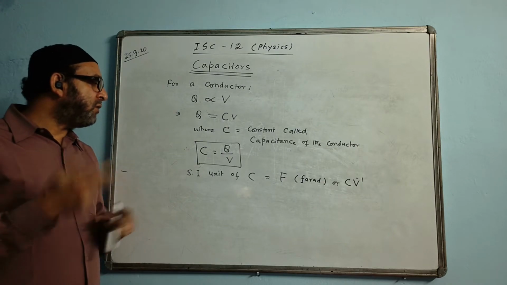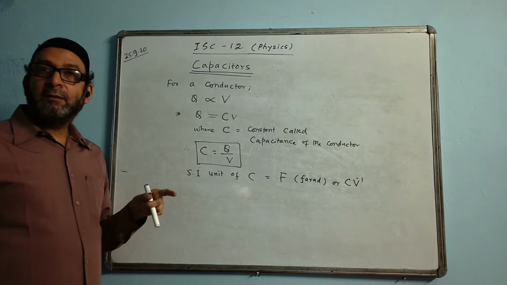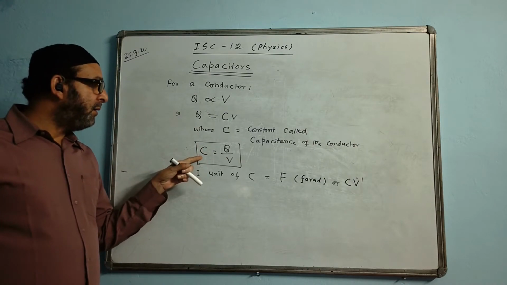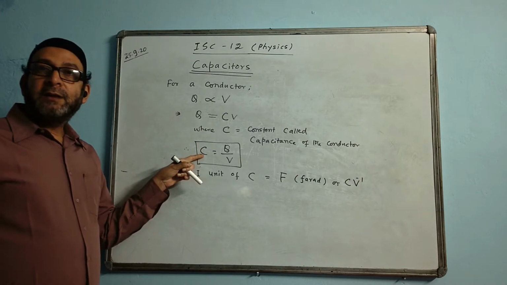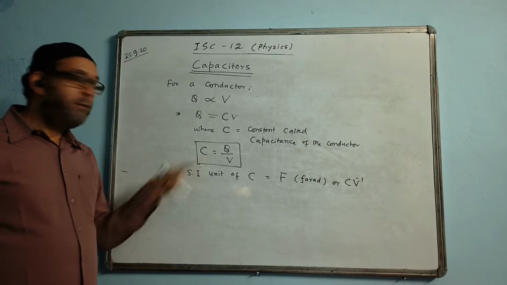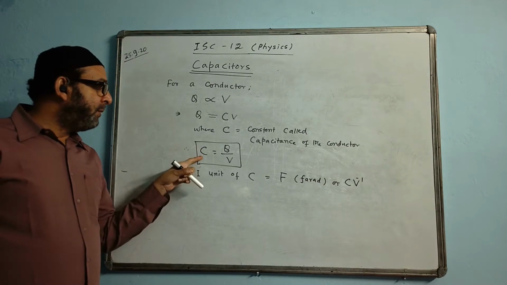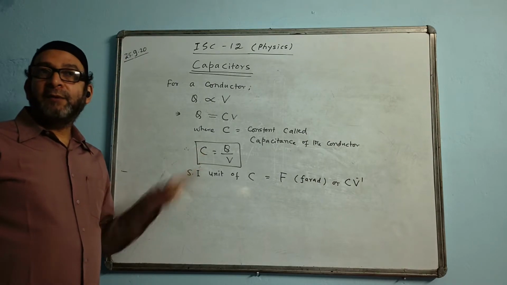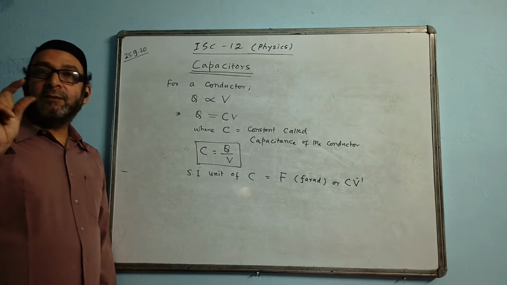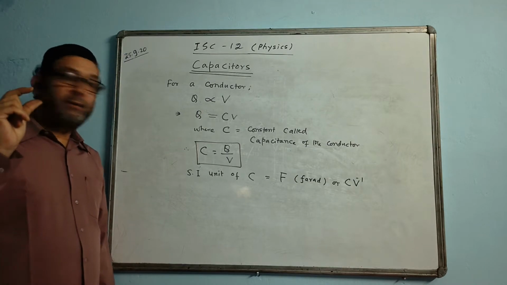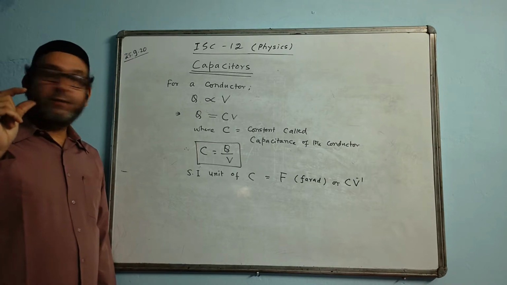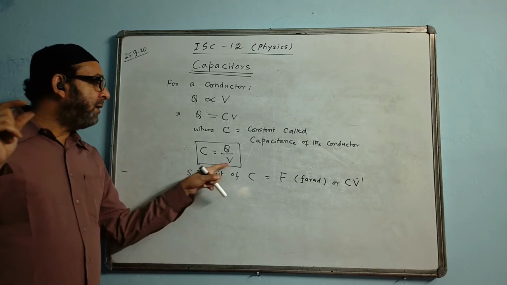There are other uses of a capacitor also. You will learn over there later on in another chapter. Capacitors are mainly used to produce spark or flashing. In a photographic camera, we have a flashing system. That flashing system uses a capacitor, and that capacitor stores a large amount of charge at a given potential.